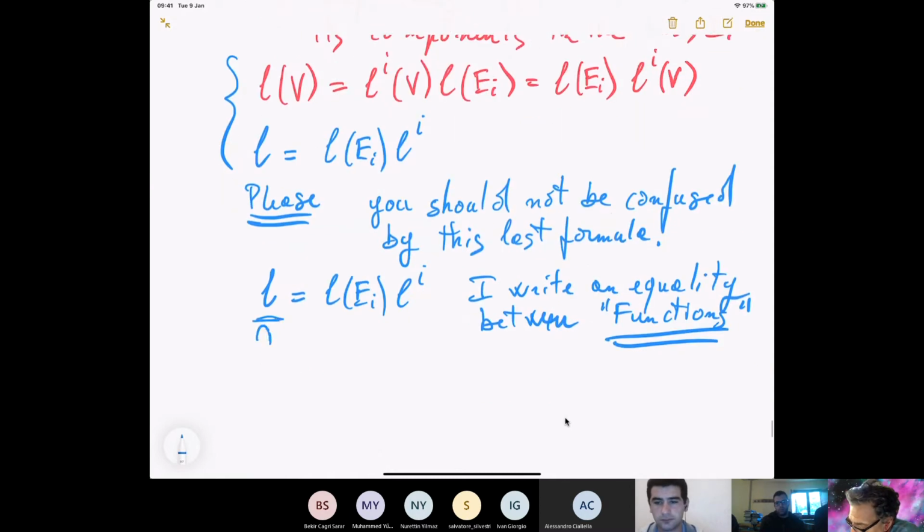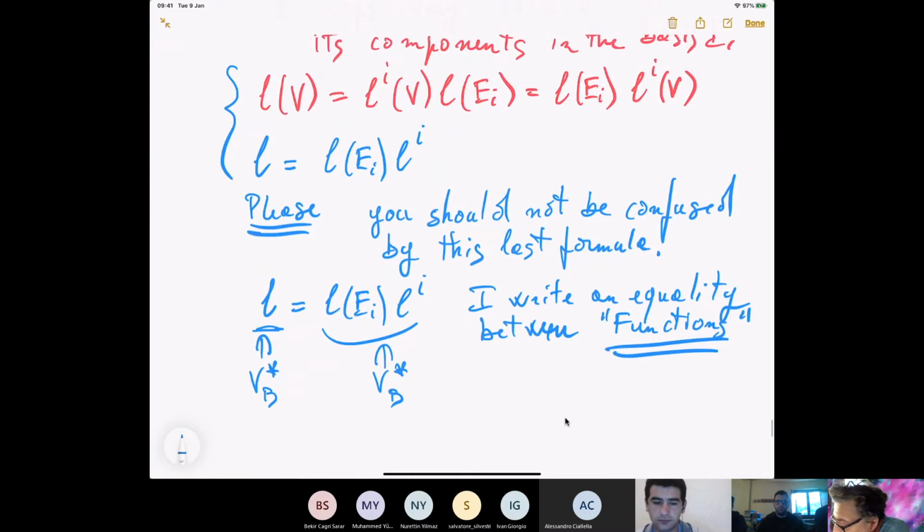Here I have an element of V star, and here I have an element of V star. When I write this equation, what do I mean? That the image of the left-hand side of this equality for every vector V and the image of the right-hand side of this equality for every vector V is the same.